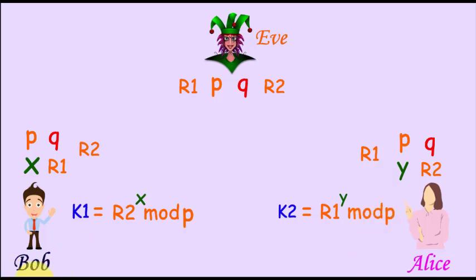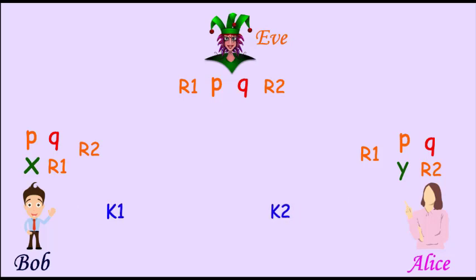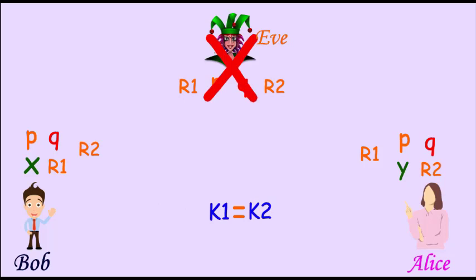Now K1 and K2 are calculated separately by Bob and Alice respectively, and mathematically, if we do the calculation, we see that K1 is actually equal to K2. So both are the same. We will see this in an example after this animation. Although Eve has access to P, Q, R1 and R2, she cannot generate this key by any means.